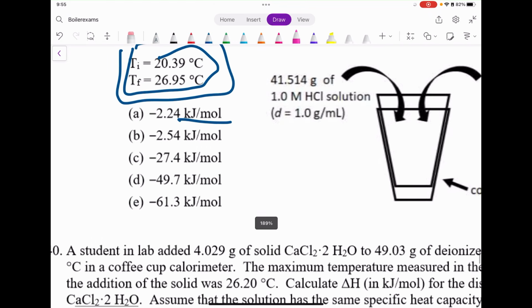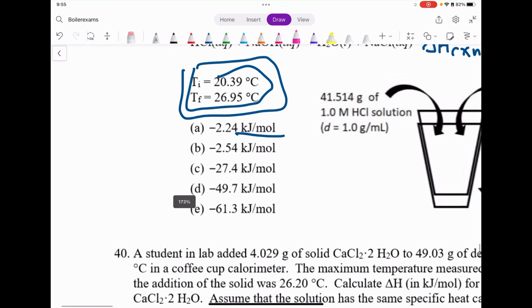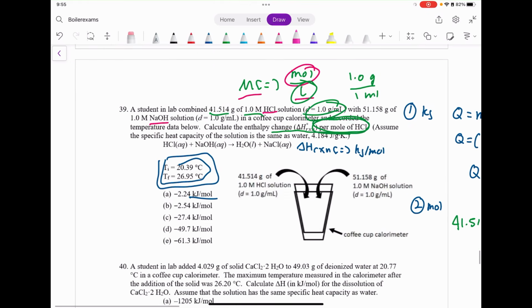Also, I should mention the sign. So they're all negative, so I guess the sign wouldn't really affect you here, but that would lead you to E.